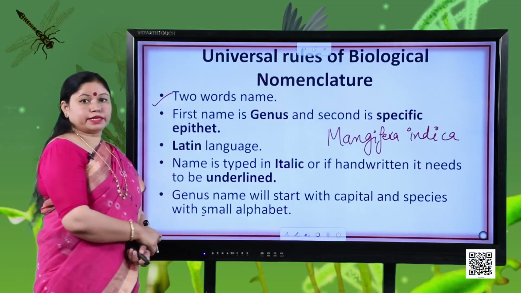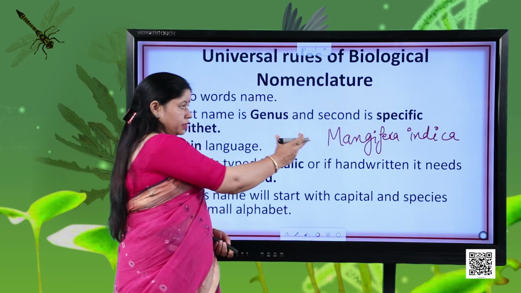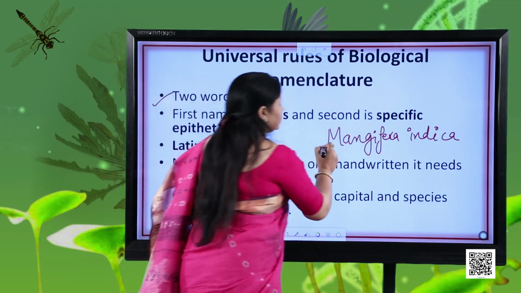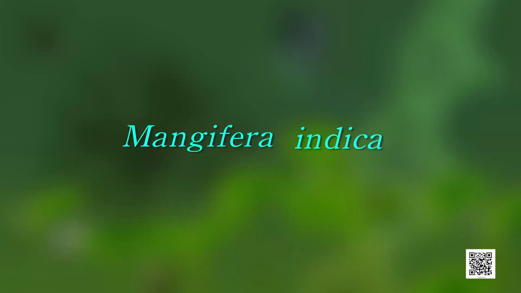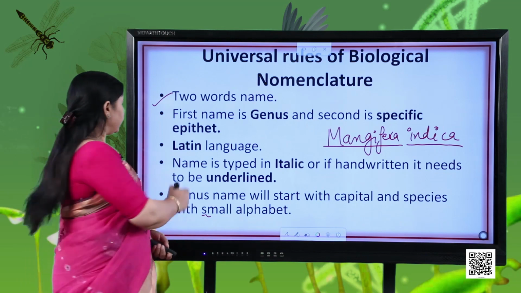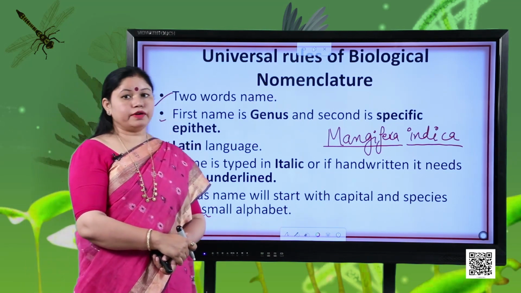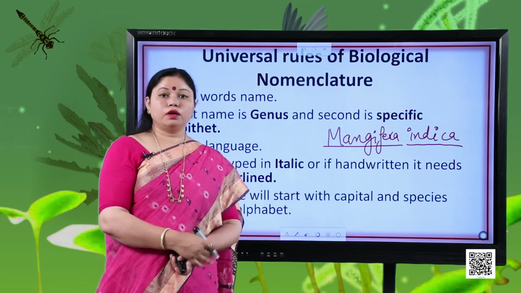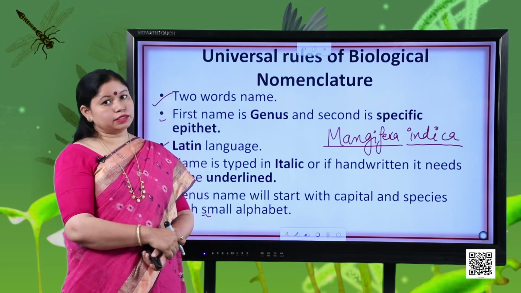The second rule says that the first word of the name represents the genus and the second word represents the specific epithet. All these names are taken from the Latin language. Why? Because Latin is a dead language. You cannot add more words. So, once the name is assigned, there will not be any change in that name.